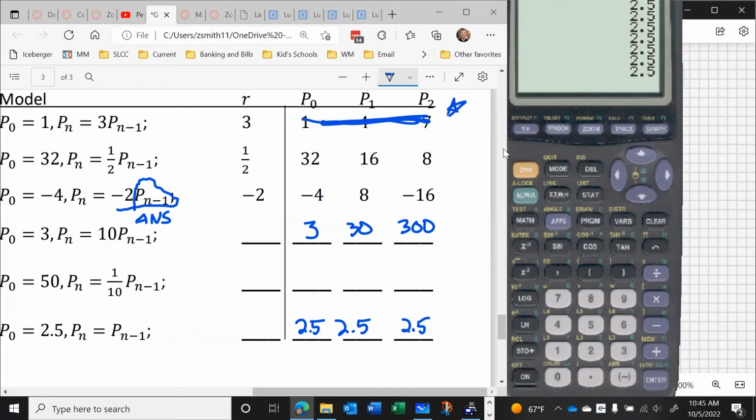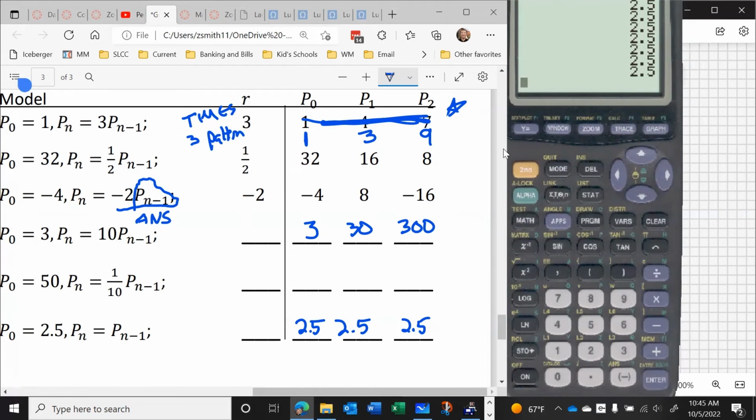Another mistake found. 1. 1 times 3 is 3. 3 times 3 is 9. This is a times 3 sequence or pattern. That's all it is. It's a times 3 pattern. R is 3.